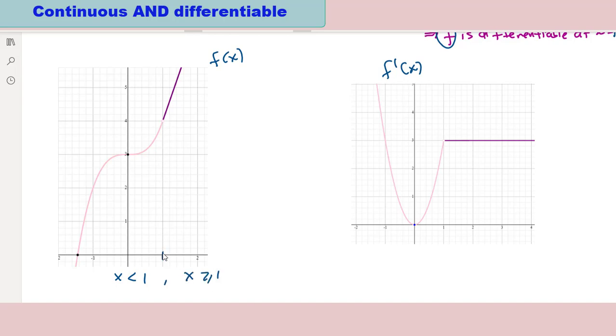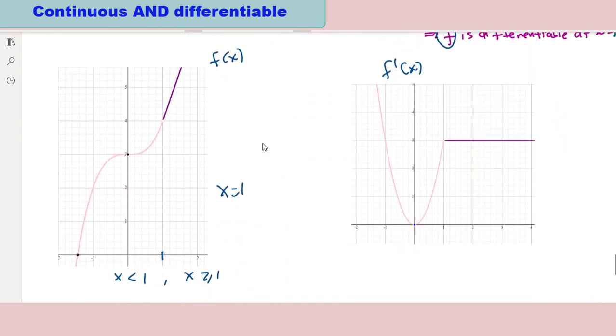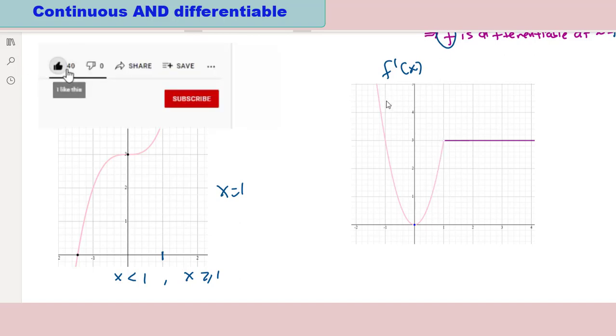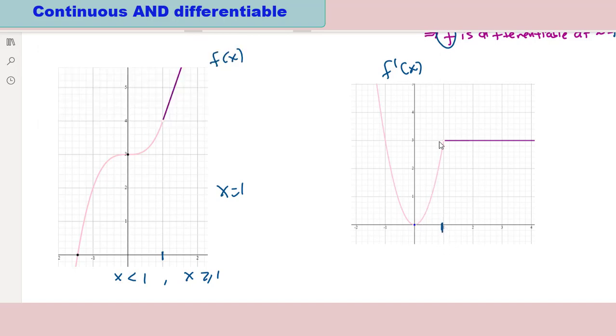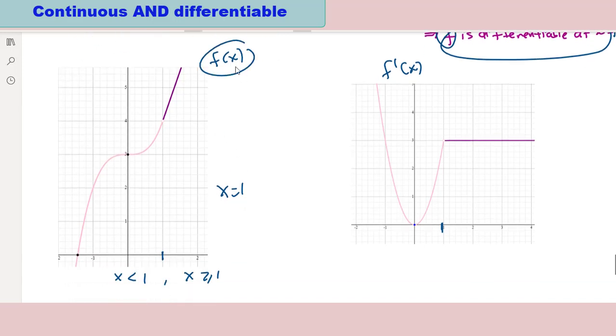This is the point 1, and this graph is continuous at x equals 1. For the graph of f prime of x, this graph is also continuous at x equals 1. So for differentiability, by looking at this graph, we trace that the graph is smooth, which means it is differentiable.